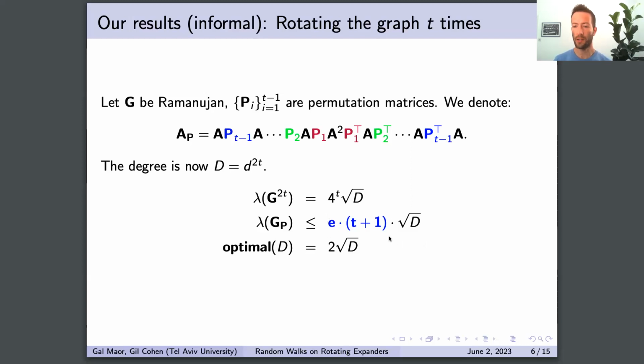Now, a few remarks about this result. First, had I just shown you the construction and let you analyze it, what you'd probably do is use some standard linear algebraic tools, or let's say the submultiplicativity of norms.